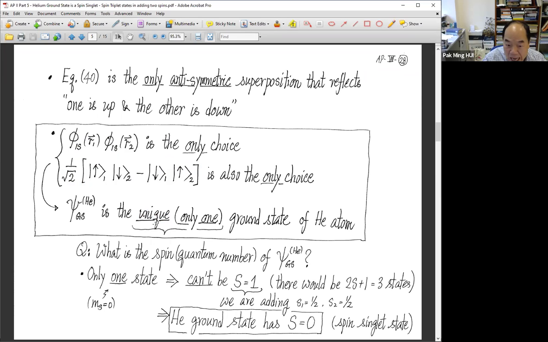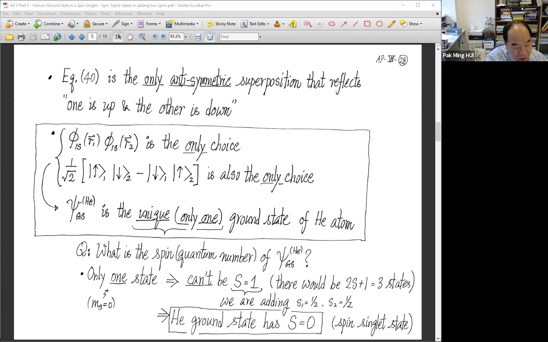And for that, we go back to the knowledge about adding 2 spin half. We call that adding 2 spin half could lead to total spin quantum number s equals 0 and s equals 1, the so-called singlet and triplet states. By the very fact that we already argued this ground state is unique, meaning there's only one, immediately we realize that it must be the s equals 0 state, right?